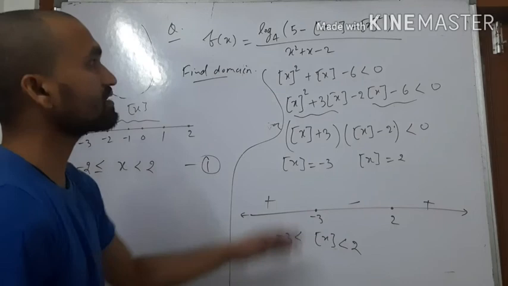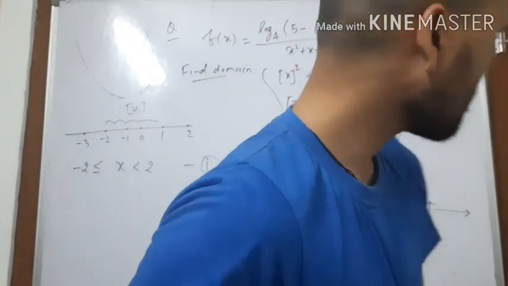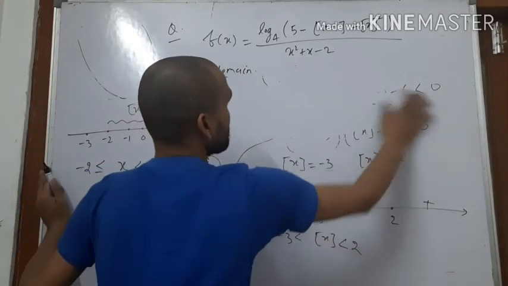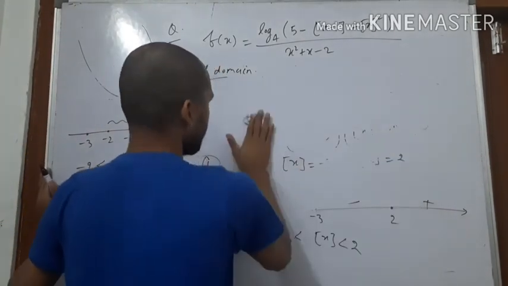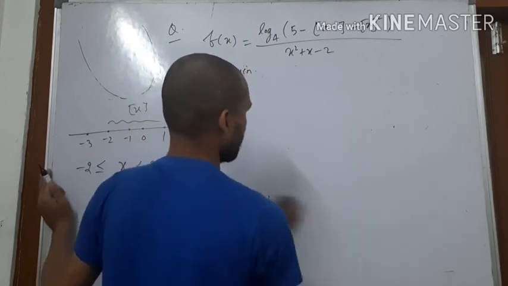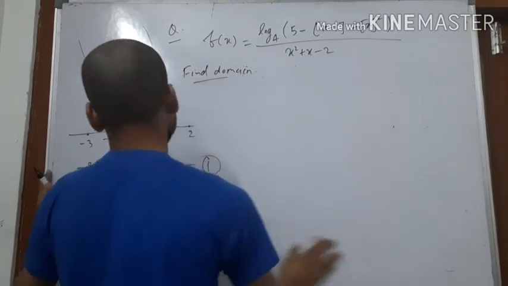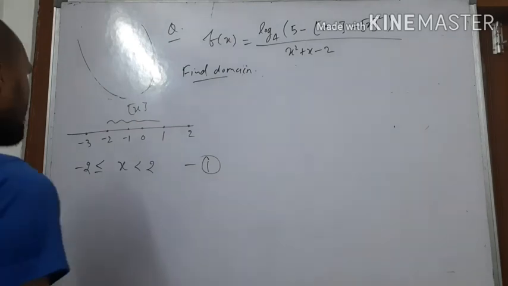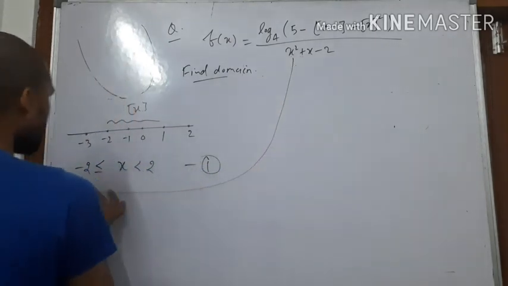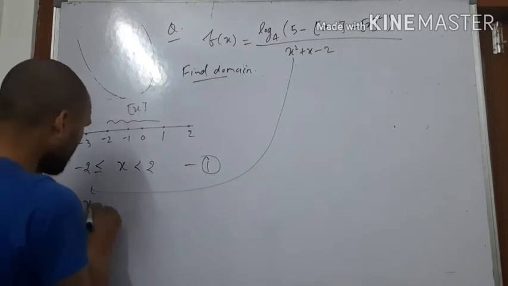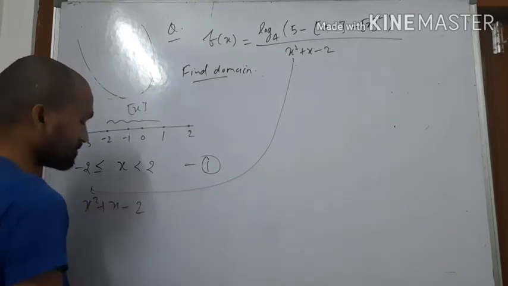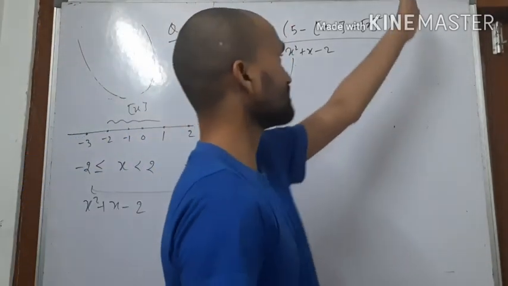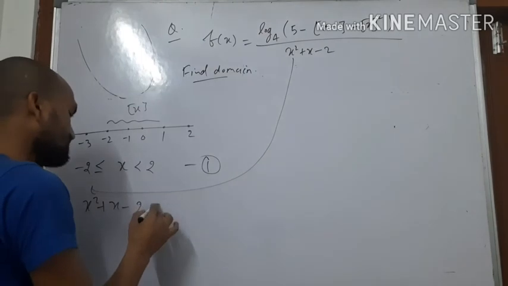Now we should take the condition for the denominator. In the denominator we have x square plus x minus 2. For a finite function, the denominator should never be zero.